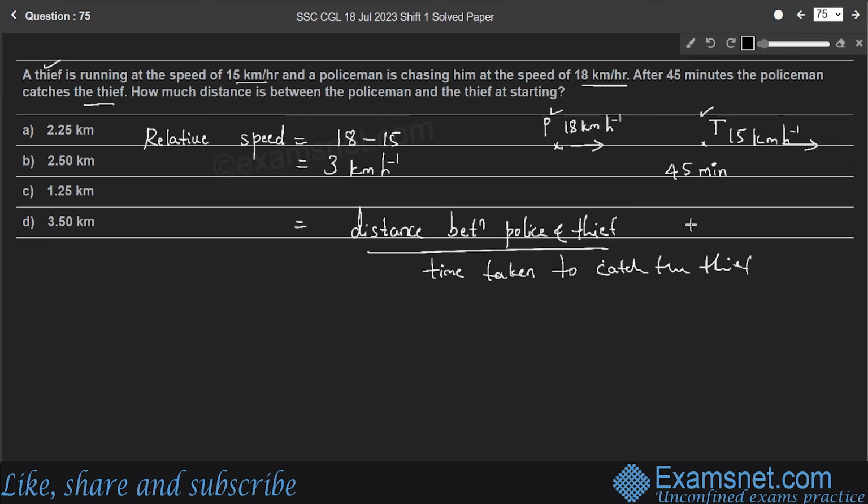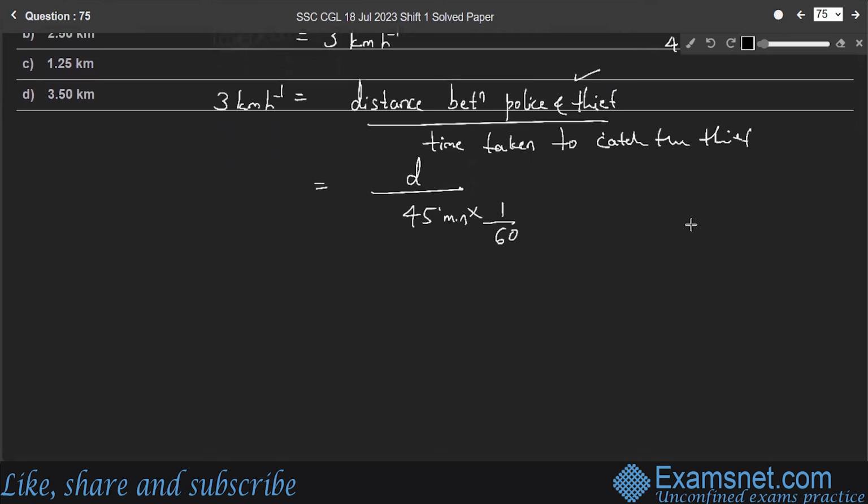Here it is 45 minutes and relative speed is 3 km per hour. Therefore, we need to find the distance between police and thief. D divided by the time taken to catch him, which is 45 minutes. Expressed in terms of hours, it becomes 45 into 1 by 60, since the speed is in kilometers per hour, so the time is in terms of hours.